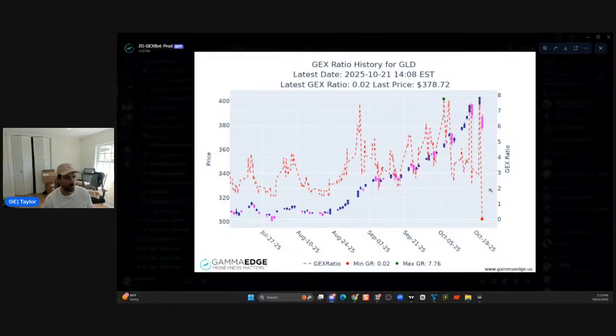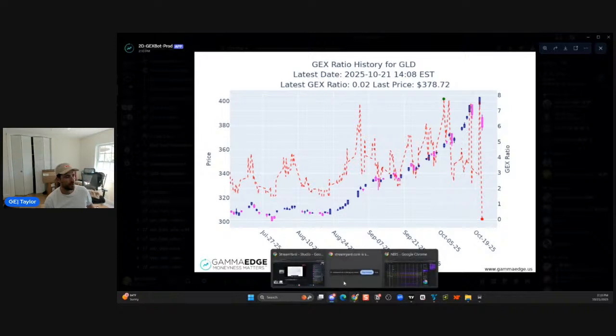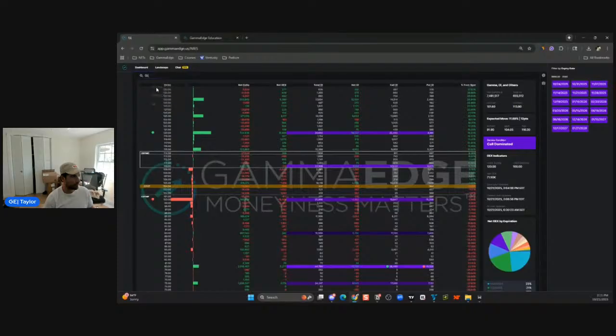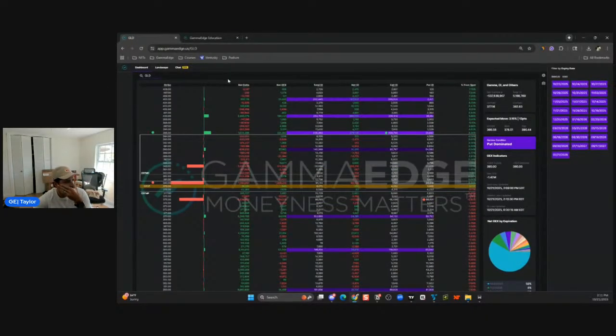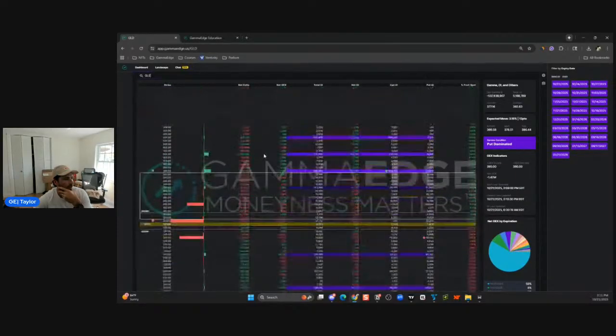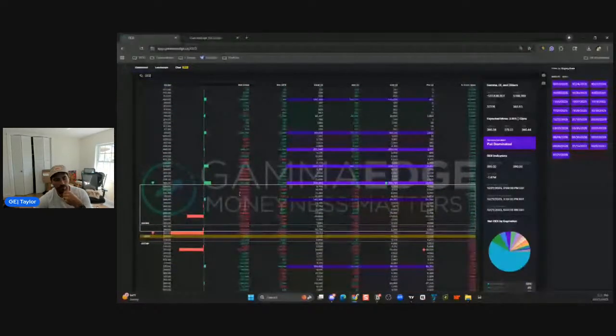Yeah, this thing has plummeted. So yeah, gold not super interesting right now. You see that out of the money call speculation is kind of gone. A lot of in the money puts now. So that's consistent with the GEX ratio.